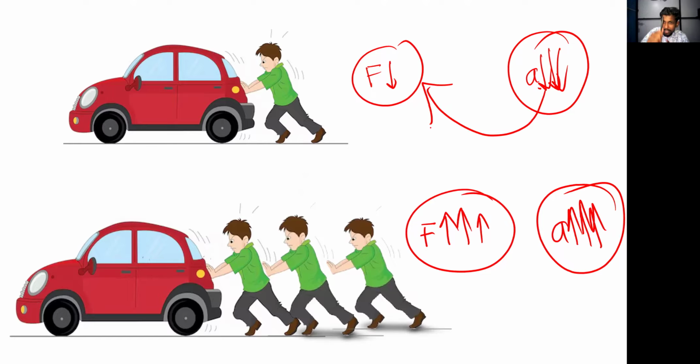Now you know the meaning of directly proportional, and you may have got the idea how I linked the force and the acceleration. The force is directly proportional to acceleration because if the force decreases, acceleration also decreases. If the force increases, acceleration also increases.